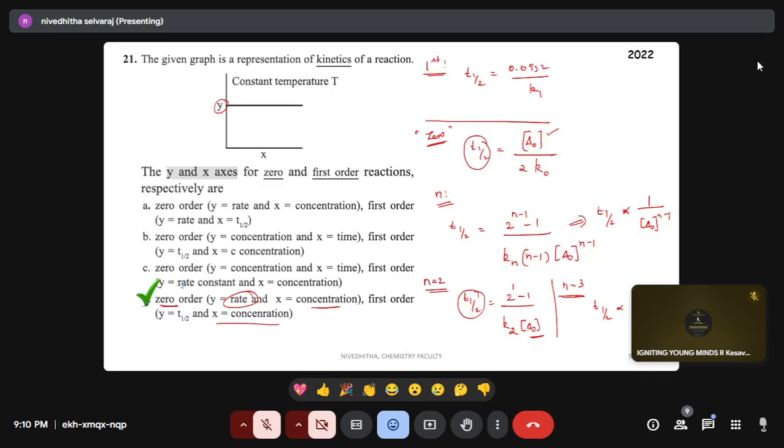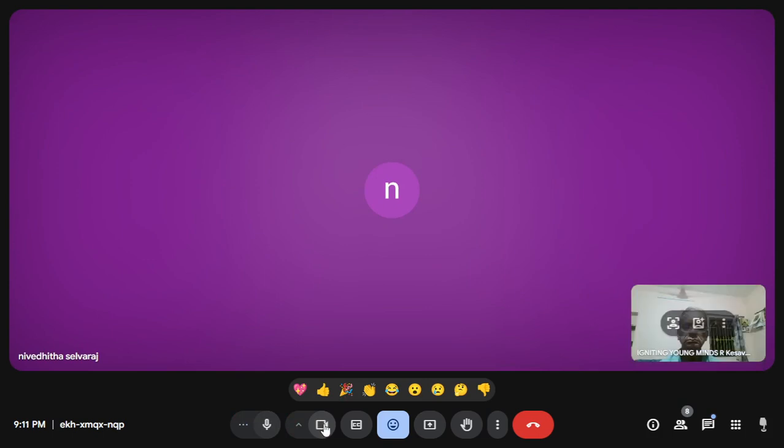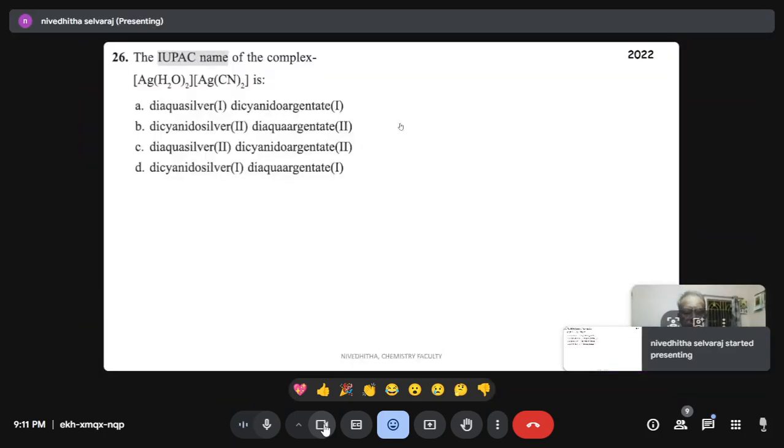One more question. Okay, they're asking us to find the IUPAC name of this complex.